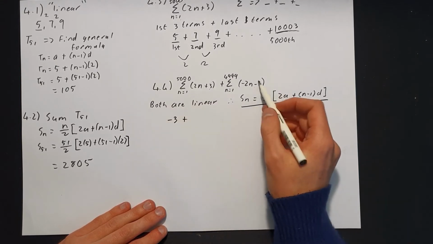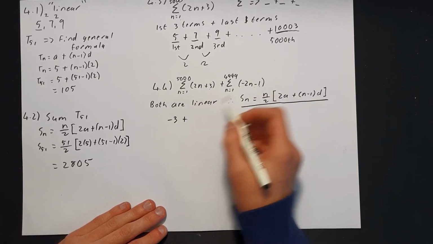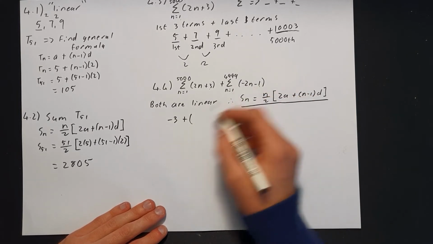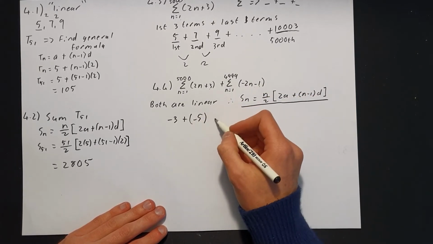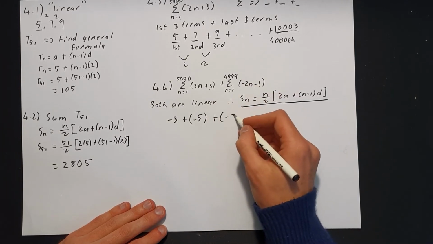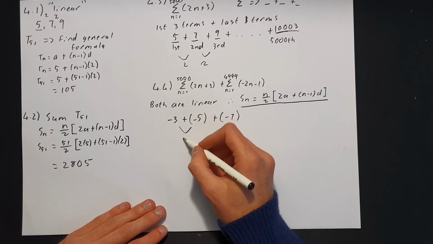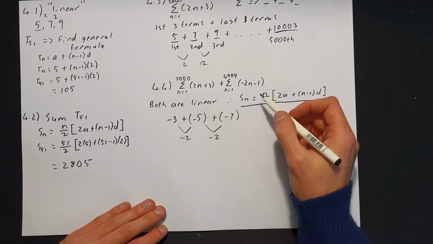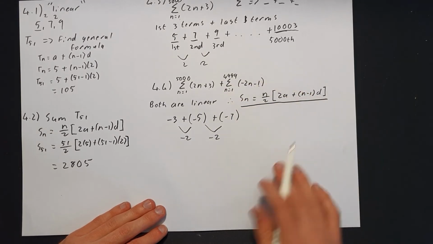Negative 2 times 2 is negative 4, minus 1 is negative 5. The next one is negative 6 minus 1, that's negative 7. So here we have a common difference of negative 2. For the second one, d is going to be negative 2.